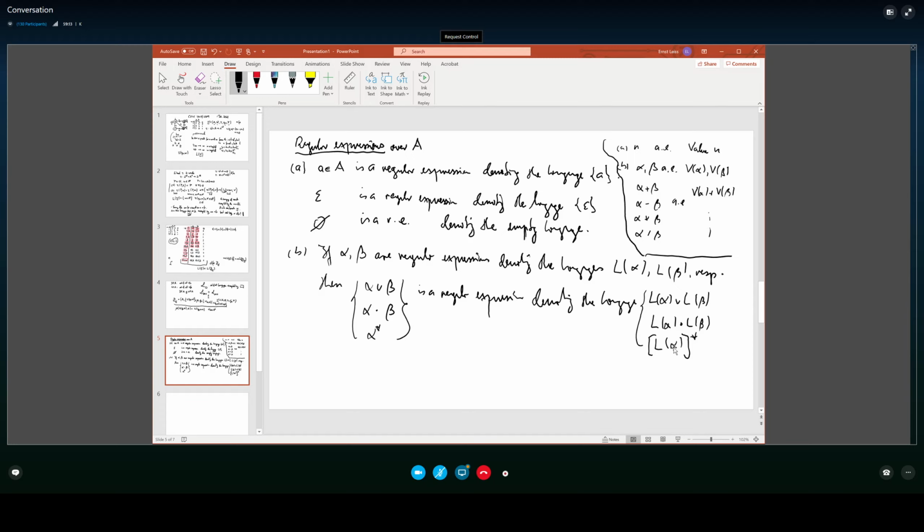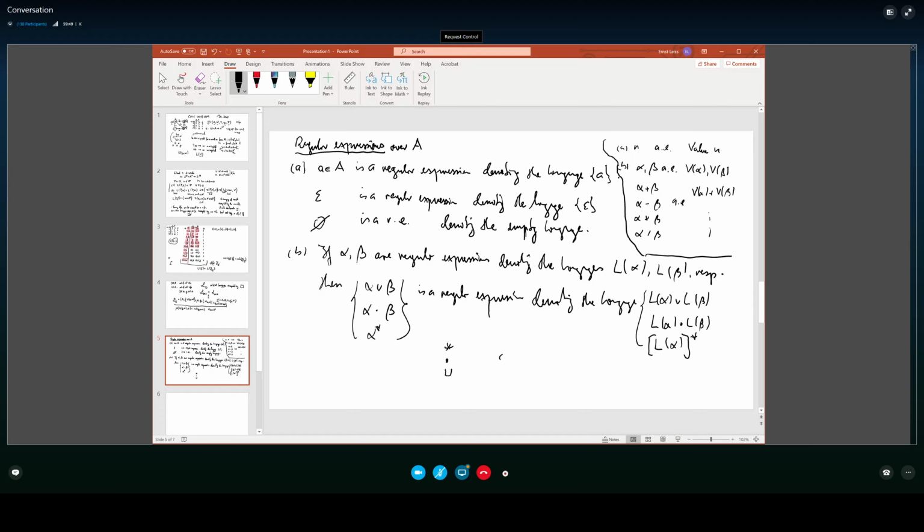So usually we like to eliminate parentheses. Obviously there is an implicit parenthesization, so you would essentially start by parenthesizing everything, but that's kind of boring. You'd like to get rid of parentheses. And so the strongest binding is star, the next is concatenation, and the weakest binding is union.